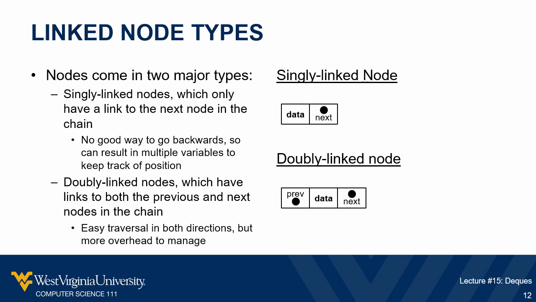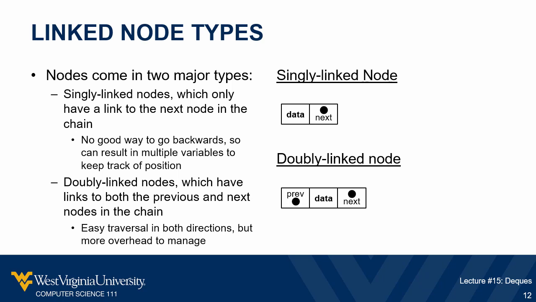Working with singly linked nodes like that can be cumbersome, and it really does not provide us with a good solution where we want to be able to add or remove things on either end of our data structure like we do with a deque. If we just have a singly linked node, I'm going to have to start at one end, and then advance all the way to the other end to add something or remove something at that end.